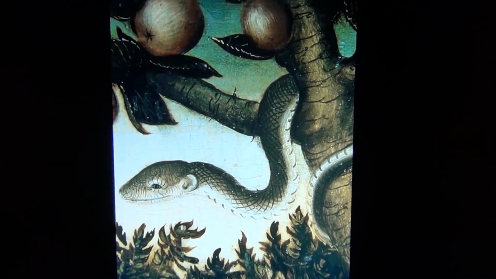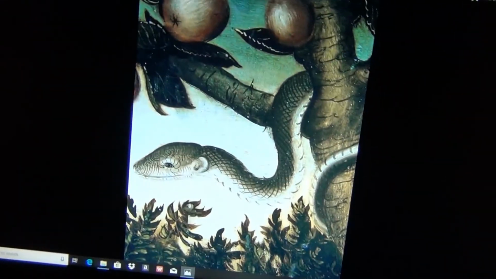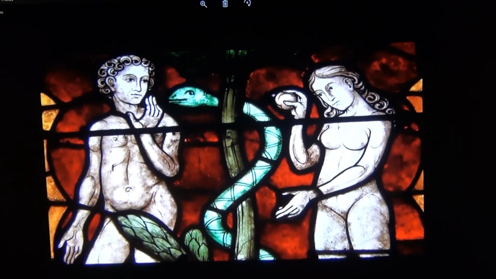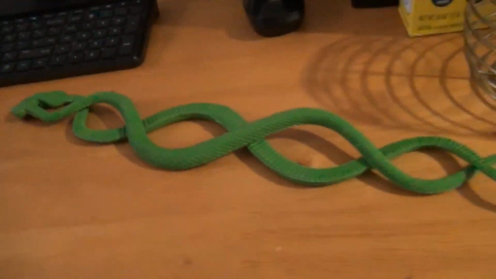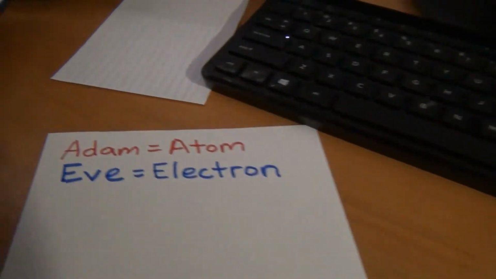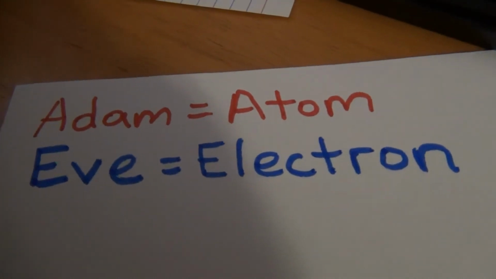So I look at these symbols and these ancient texts and these images, and I always see some resemblance, especially with all the stuff you see on TV with these snakes, these medical symbols, and all that's going on now. So I catch on to that. I always thought Adam and Eve, you know, Adam, the atom, and Eve, the electron.